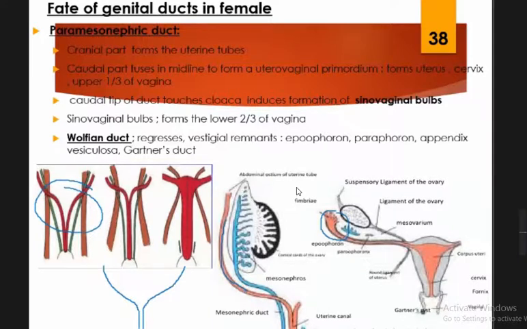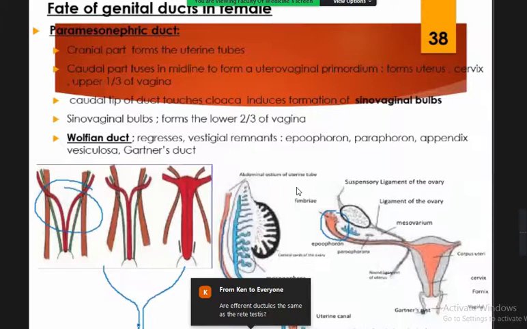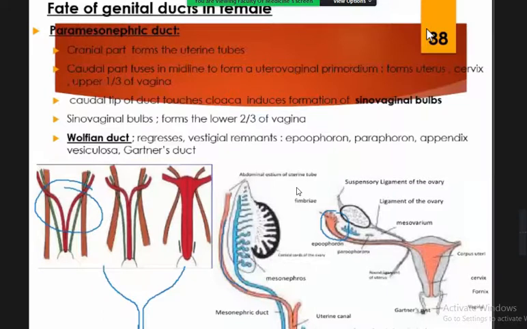These normally fuse to form what we'll call a uterovaginal primordium or a uterovaginal bud.